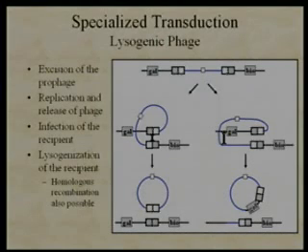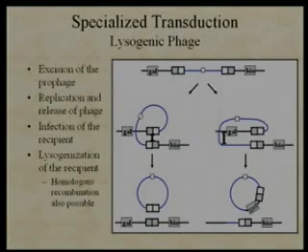All right? And so this is called specialized transduction because each transducing phage can only transfer certain genes. And those genes happen to be the ones that are close to the site at which that phage inserted into the bacterial chromosome. Now, of course, different transducing phages will transduce different genes. In the case of lambda, its attachment site is between galactose and biotin.